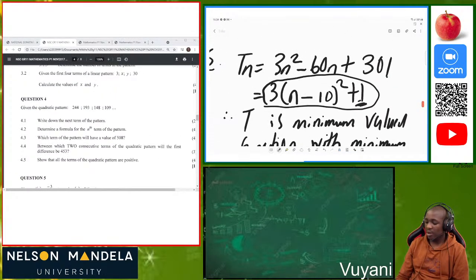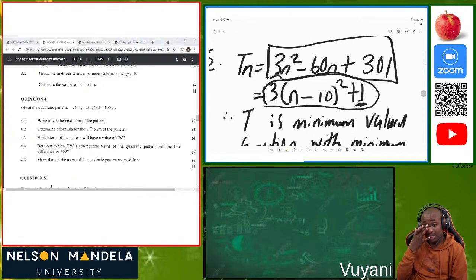So initially we are given our general form, or we have calculated our general form. Then this is a standard form in functions formatting. So we change this from standard to the turning point format. Then we have 3 open bracket n minus 10 squared plus 1.